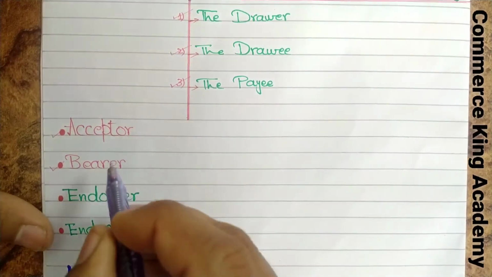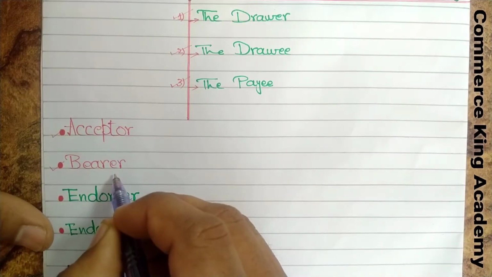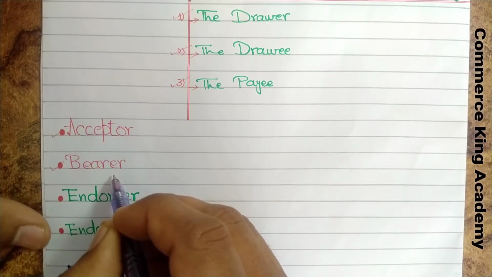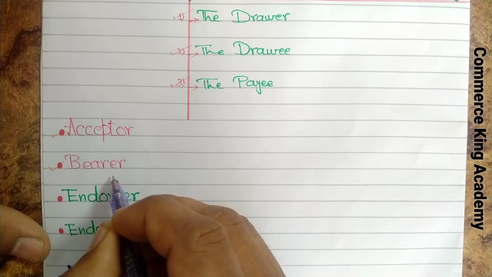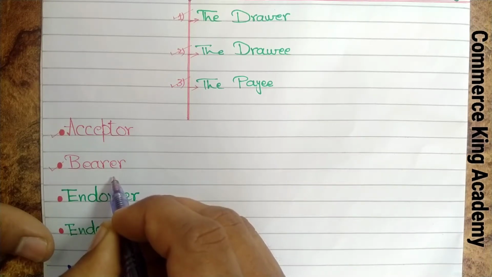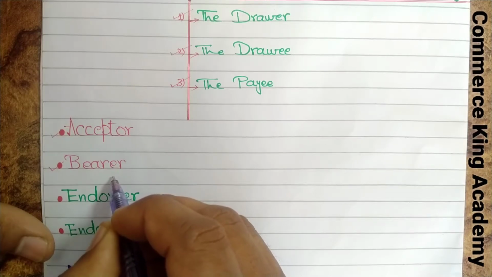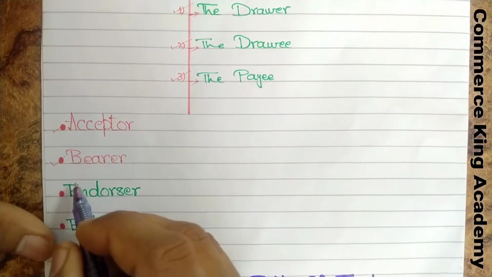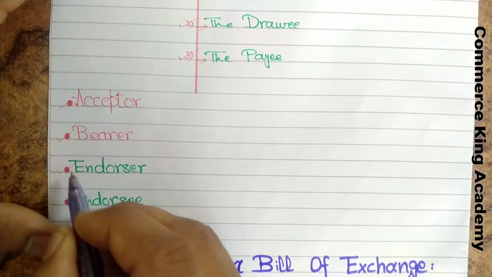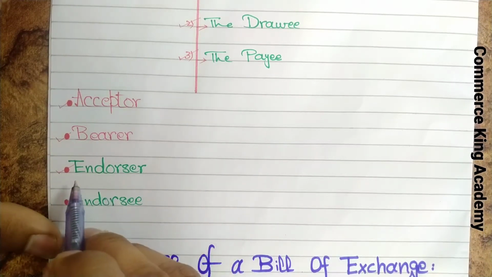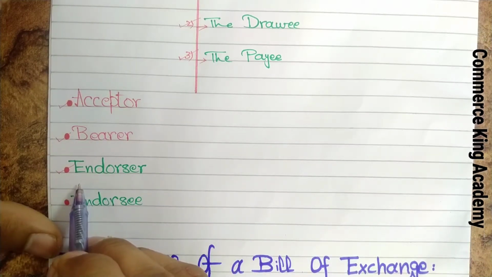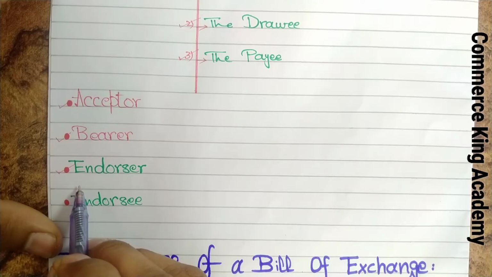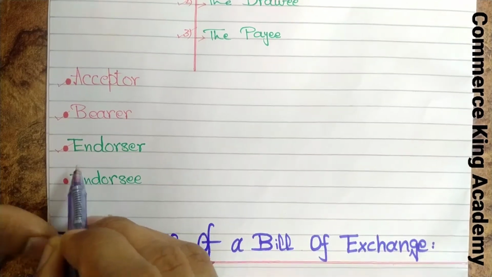I explain this term again because of clear understanding for the students. The bearer and the payee are usually the same person. The next is the endorser. Who is the endorser? The endorser is the person who endorses a bill of exchange.